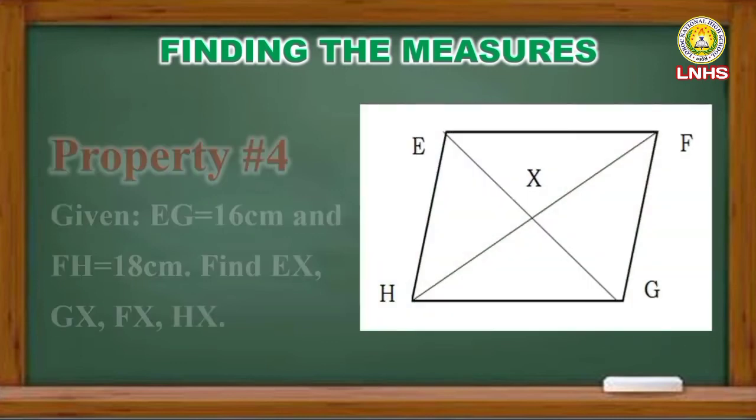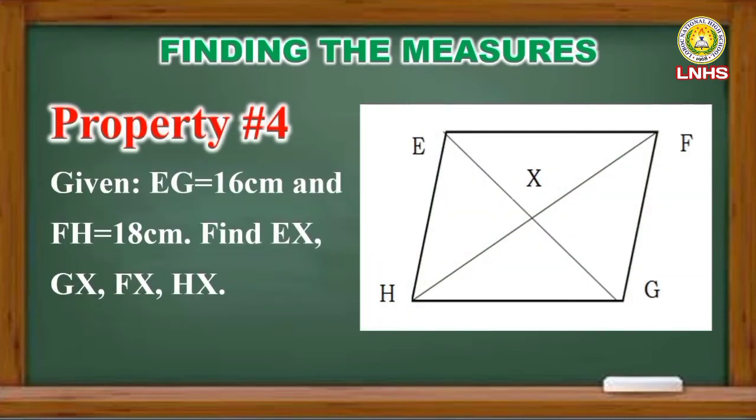So let us have some example. Property number 4, given diagonal EG is equal to 16 centimeters and diagonal FH is equal to 18 centimeters. Find line segment EX, line segment GX, line segment FX, and line segment HX. For diagonal EG, 16 divided by 2 will become 8 centimeters.